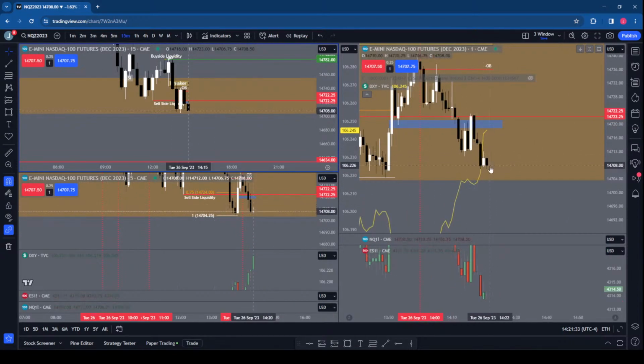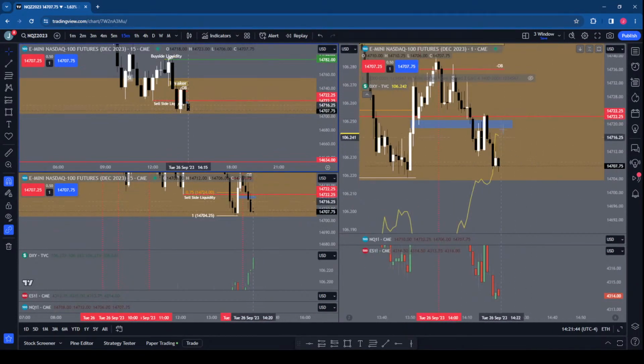If we came up, tapped that, and the next two candles don't really drop and take this low, if we saw any retracement to this area, that would be a red flag for price action for me.